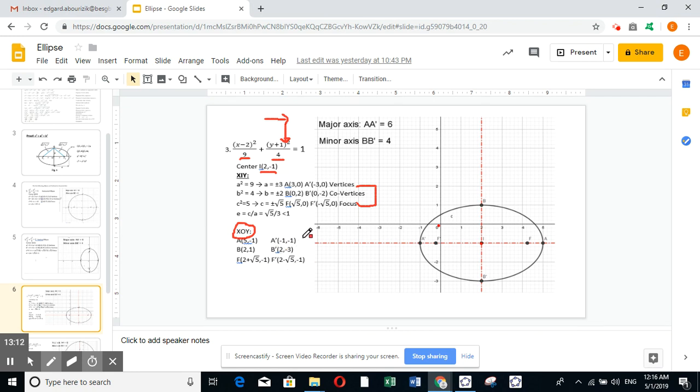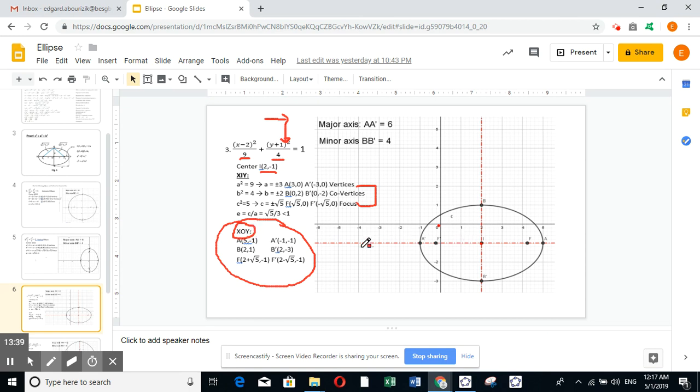Now, if you want to graph it, we put the center, which is (2, -1). The point A with respect to x, y is (5, -1). But with respect to x', y', the red one, the point A is 3, 0: 1, 2, 3. But what I want is the real x, y.